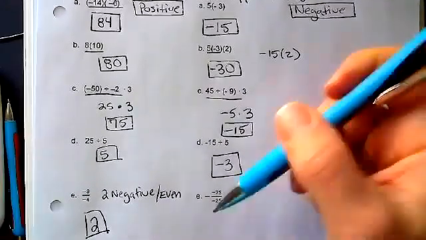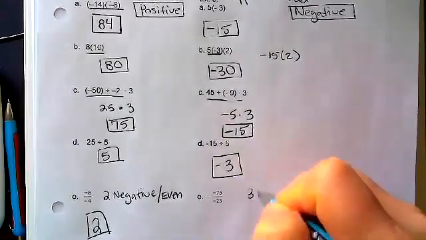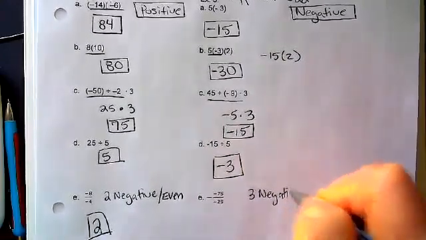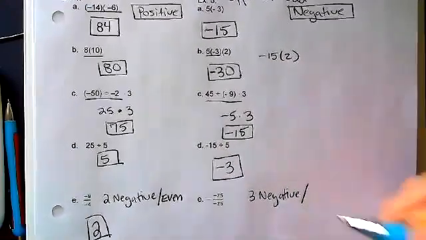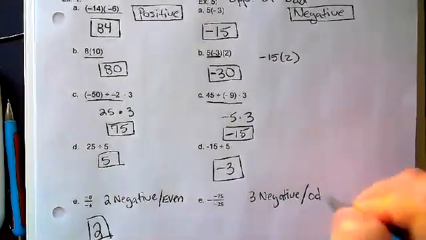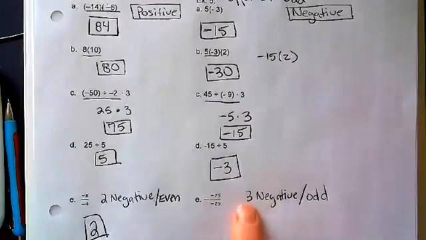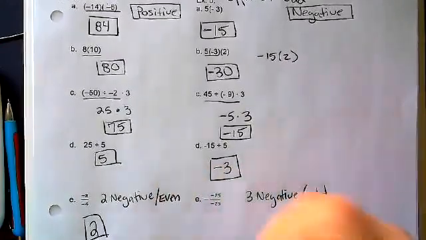There you go. And letter E, if you notice, we have 3 negative signs. And this is when it's really helpful also with exponents later on to know the odd and even rule. So that's an odd amount of negatives, 3 negatives. 3 is an odd number, so that means my answer will be negative.